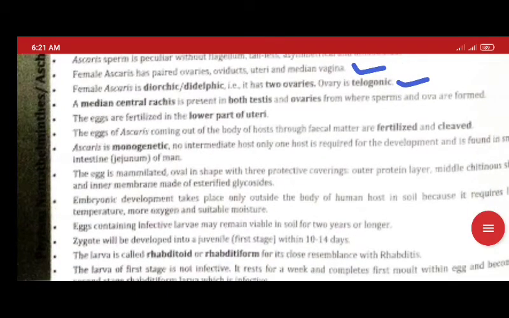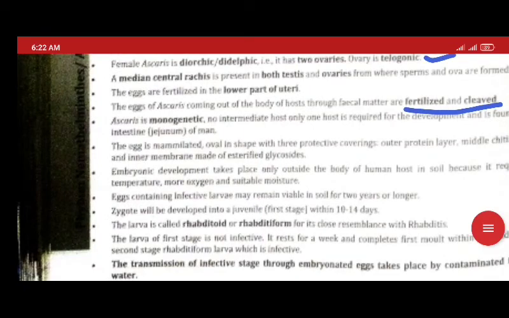And we have eggs from here, fertilization and cleavage. These eggs are mammillated because Ascaris lumbricoides is a parasite in mammals like human. So egg is mammillated.